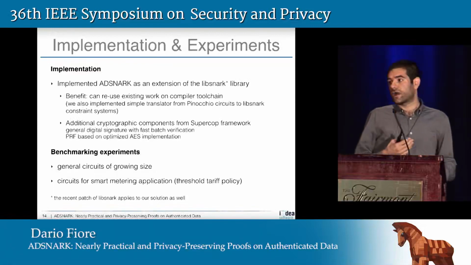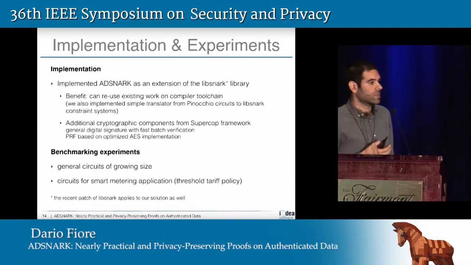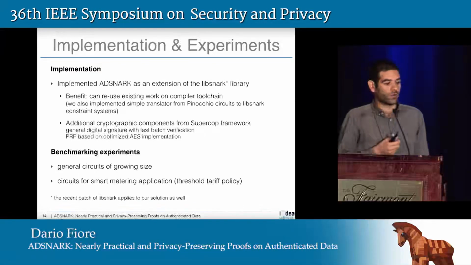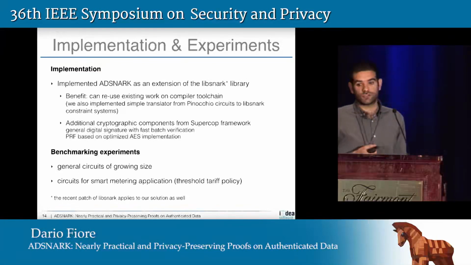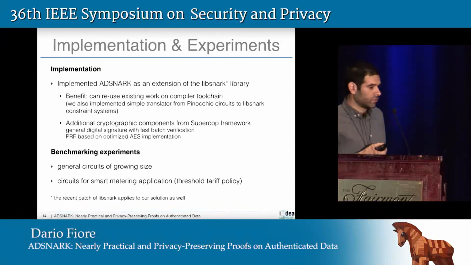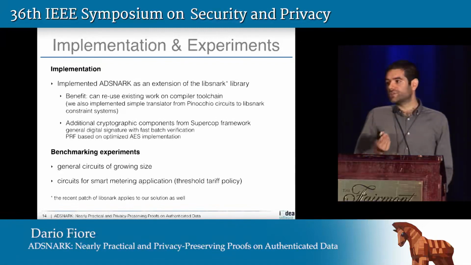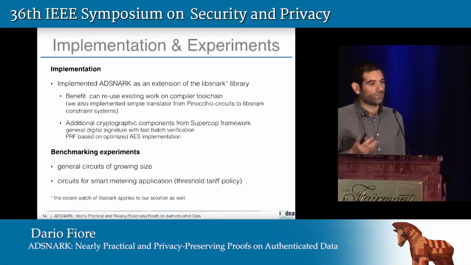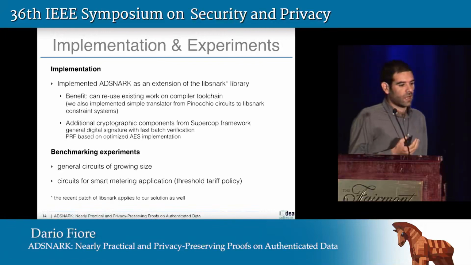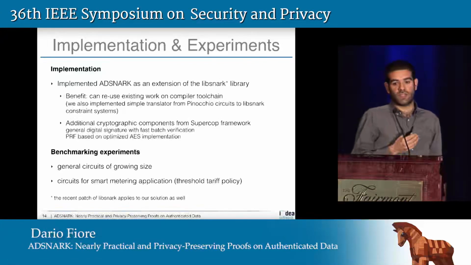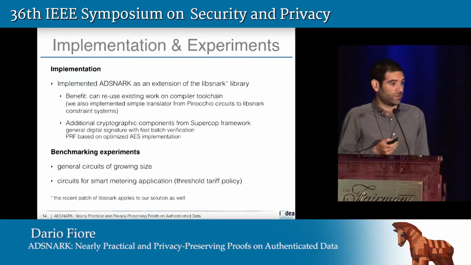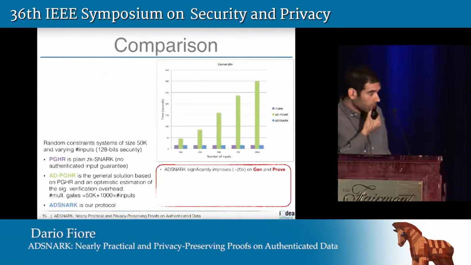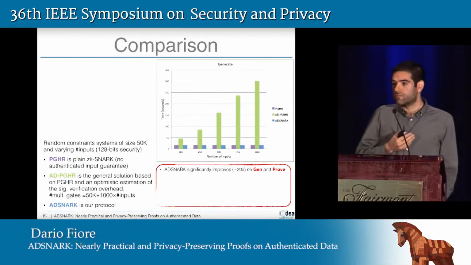For additional cryptographic components, we took them from another framework, the SUPERCOP framework for digital signatures and pseudo-random functions. What we measured is how the system scales with respect to general circuits of growing sizes and a growing number of inputs, as well as circuits for some specific applications, such as smart metering. So let me show you some numbers.